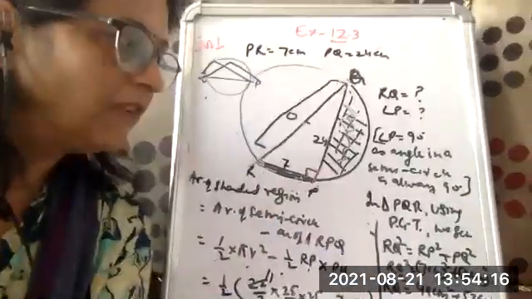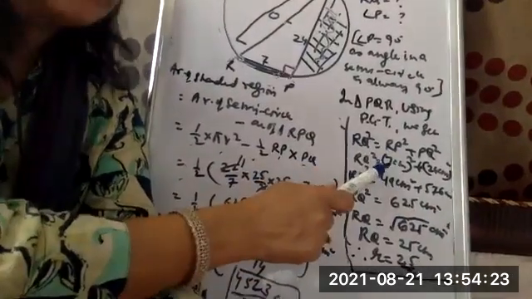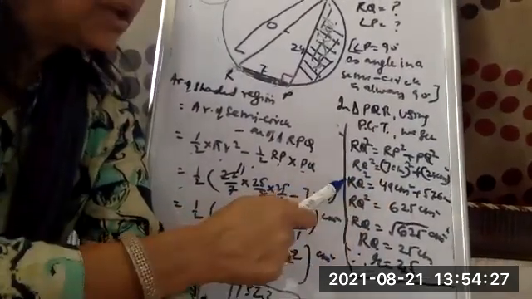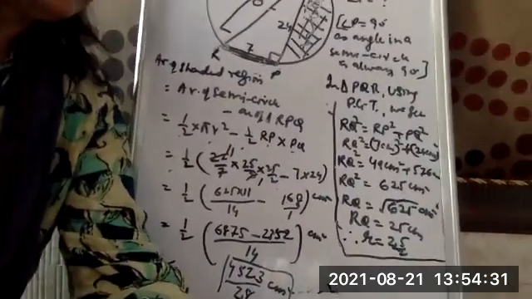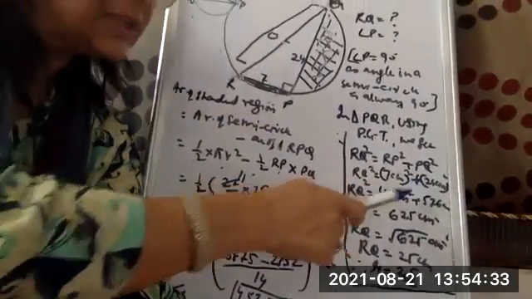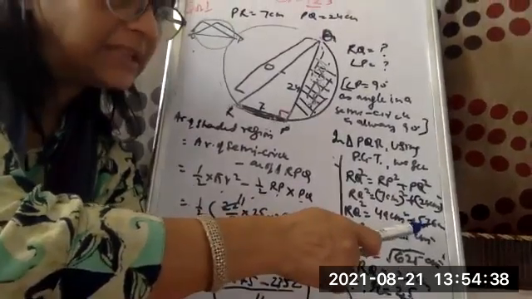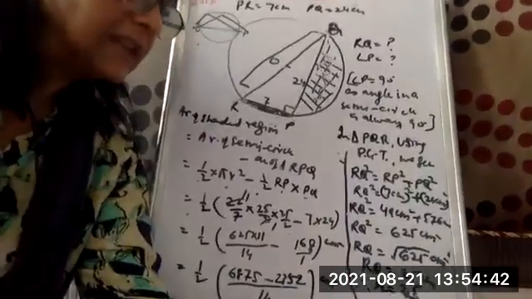So now we will find out what is RQ. RQ square: RP is given 7 centimeter whole square plus PQ is given 24 centimeter whole square. So 7 centimeter whole square is 49 centimeter square, and 49 centimeter square plus the square of 24, which is 576 centimeter square. So RQ square is equal to 625 centimeter square.